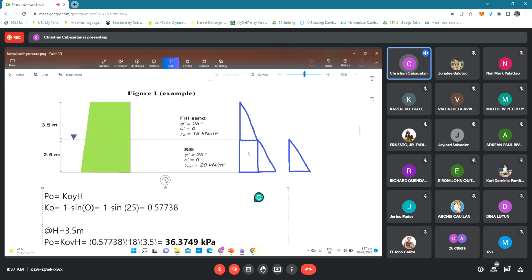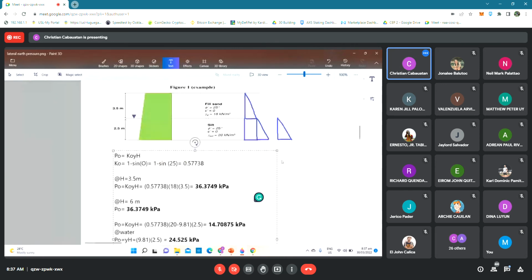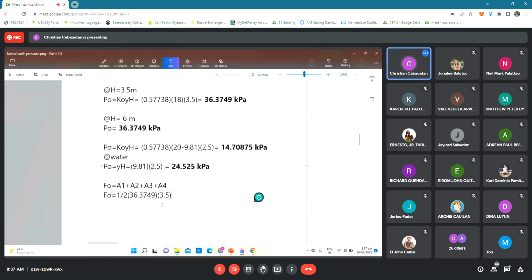Your length would be the value 36.8749, and your width would be the height, which is 2.5.